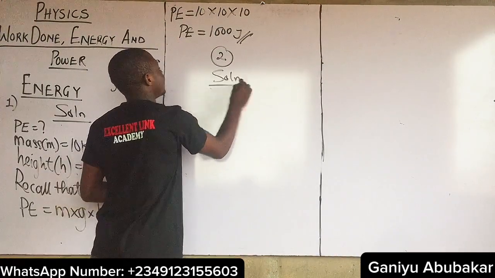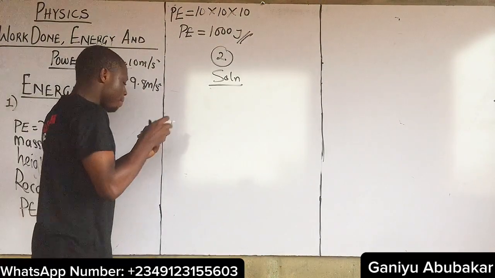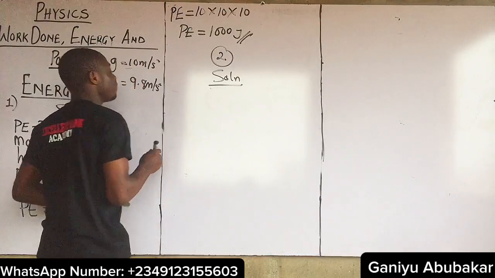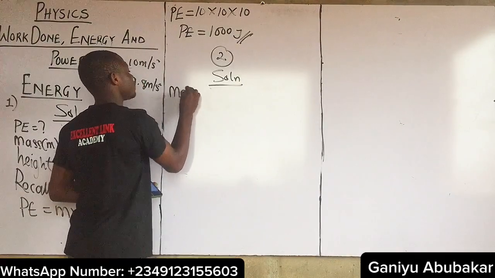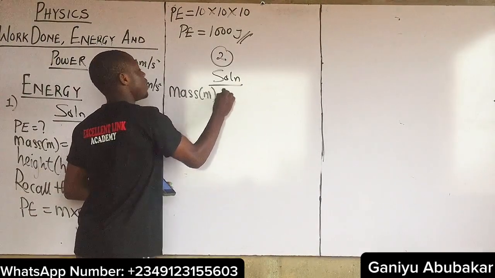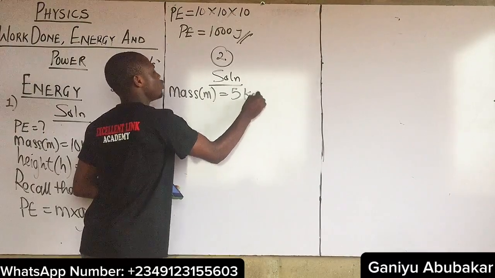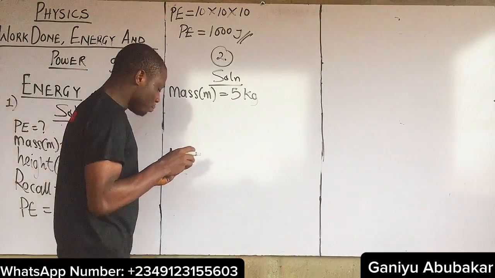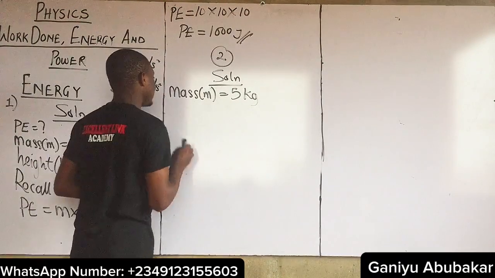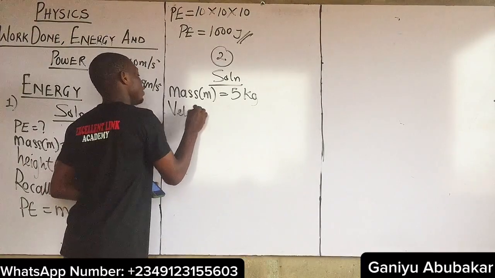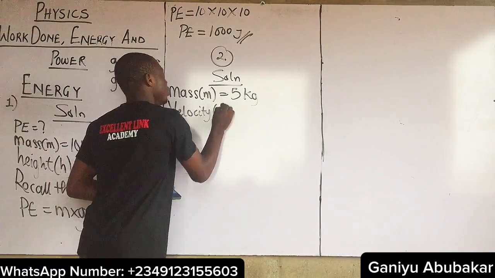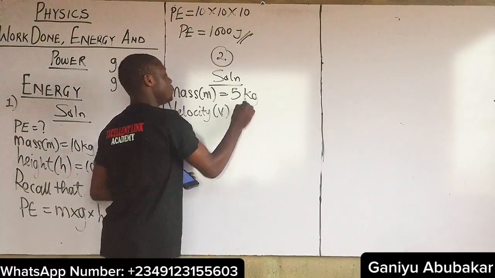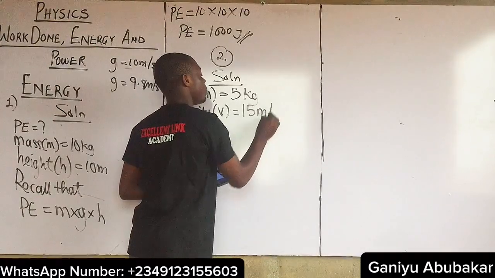First things first, list out the given parameters. An object of mass 5 kg. I'm given mass m as 5 kg, moving with a constant velocity. That's v, velocity v of 15 meters per second.